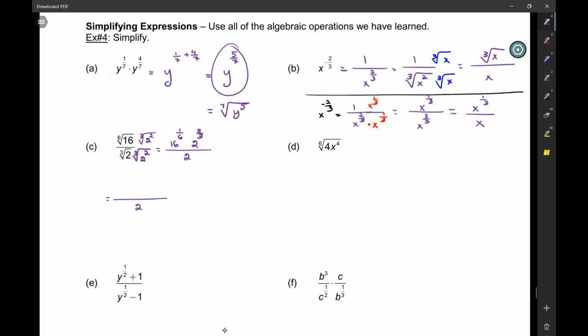Can I write the 16 as a base of 2? What is 16? Is it 2 to the power of something? It's 2 to the power of 4. So can I write this as 2 to the power of 4, right? To the power of 1 over 6.